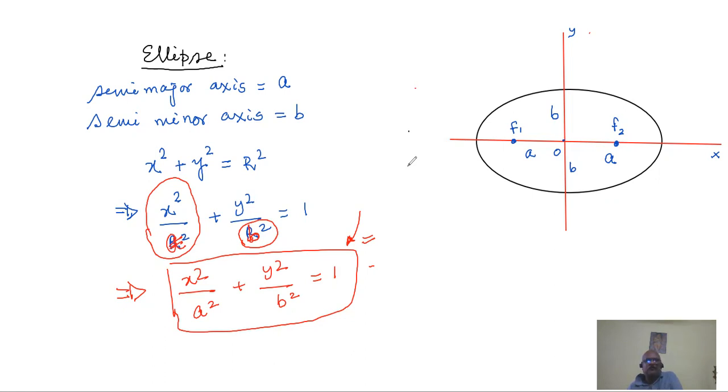Parents say something, school says something, tuition says something, and the student is at a loss. So if you want some help from me, I am freely willing to do so. The thing that ultimately matters is the students' benefit, and we all must contribute towards that instead of harassing the student.